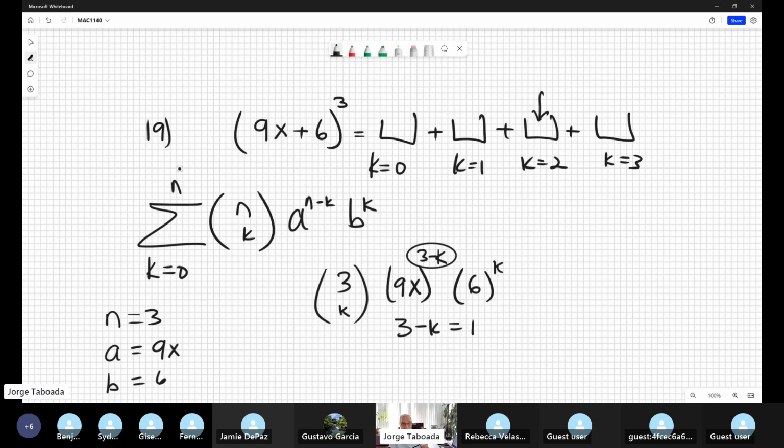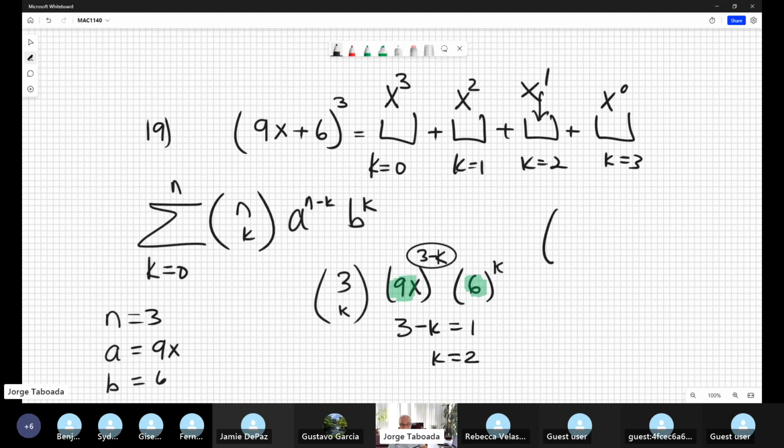The only term that contains x to the first power is this. So you take this expression and force it to be 1, therefore K is 2. When I expand, we have x cubed here, x squared, x to the 1, and this x cubed. So I know the important information: K is 2.